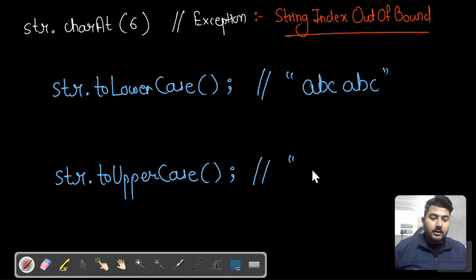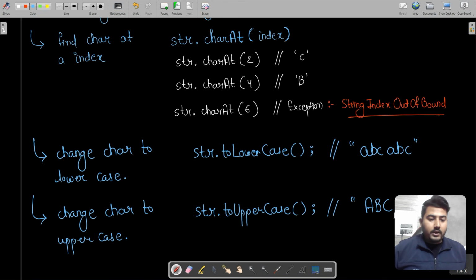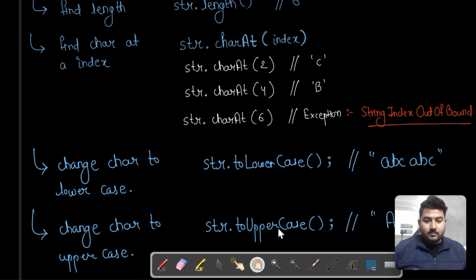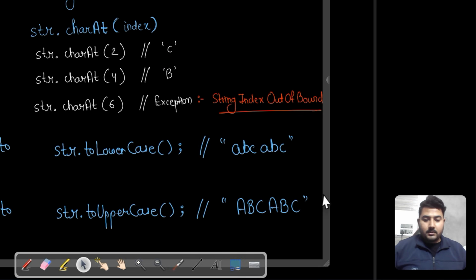It will be simply returning us a string which is going to convert every single character into uppercase letter. So now this will be the answer which we got in return. All the major inbuilt functions are done here.